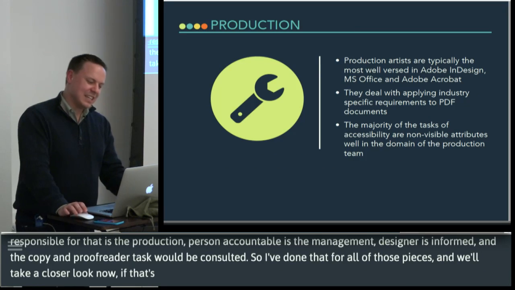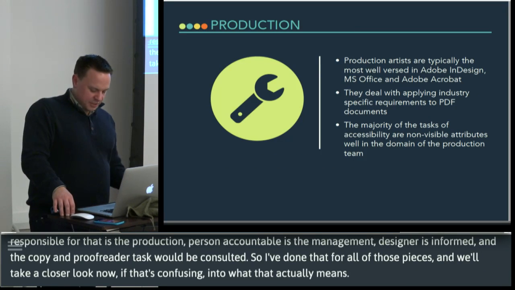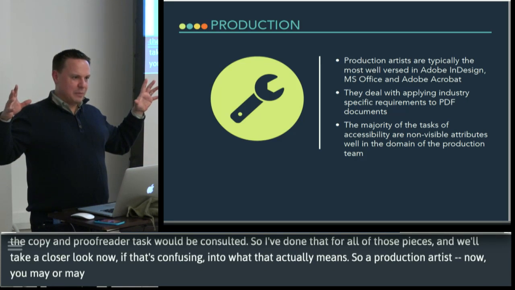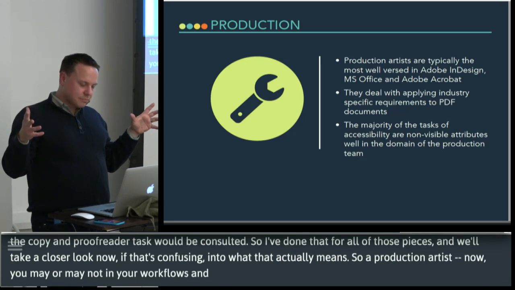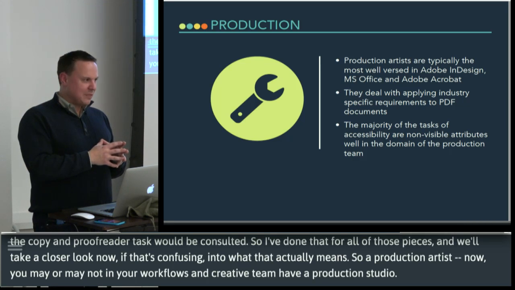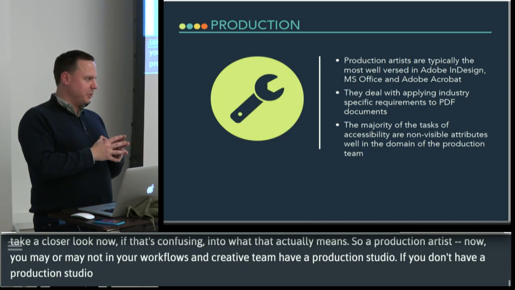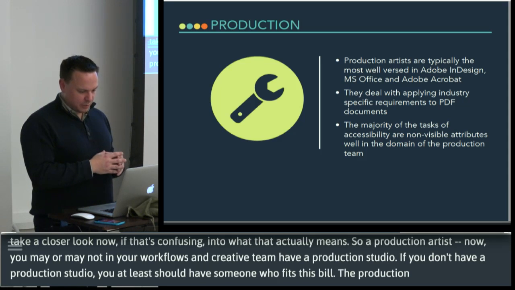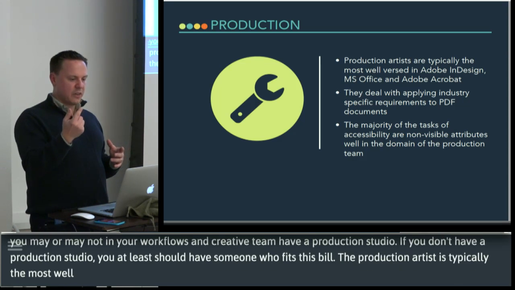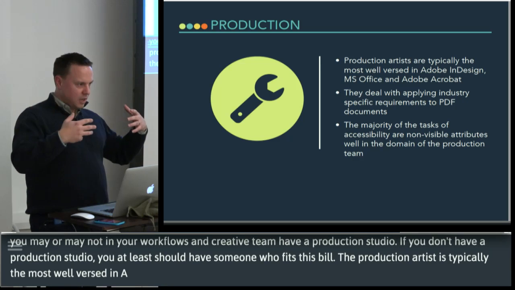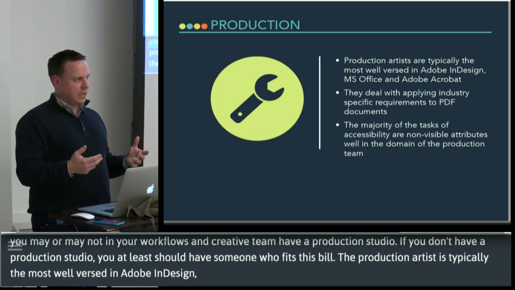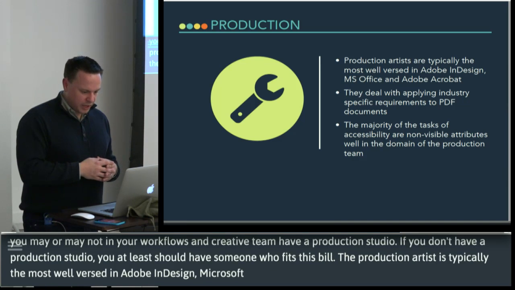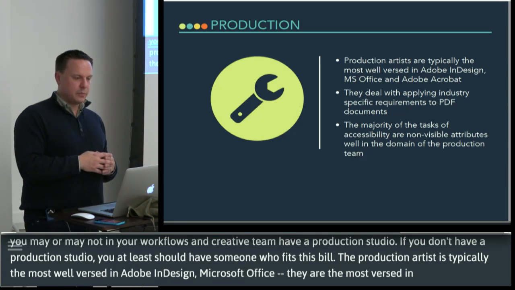So a production artist, now you may or may not have a production studio in your creative team workflows. If you don't have a production studio, you at least should have someone who fits this bill. The production artist is typically the most well-versed in Adobe InDesign, Microsoft Office, and Adobe Acrobat. So they're early adopters of those types of graphic communication software. They deal with applying industry-specific requirements to PDF.